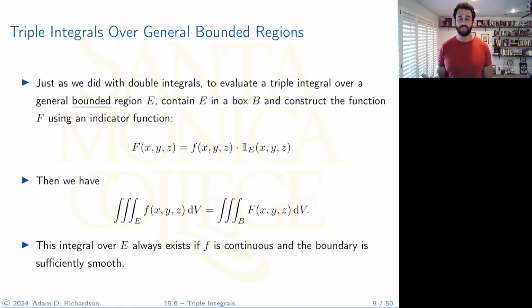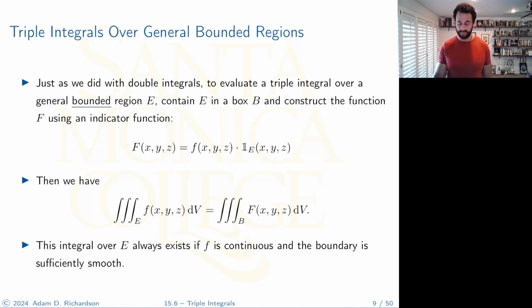Remember, the indicator function just says you're zero if you're not in the set. So that has the effect of zeroing out this function when we're not on E. That's the trick to getting around the fact that Fubini only applies to rectangles, that the iterated integration process only applies to rectangles.